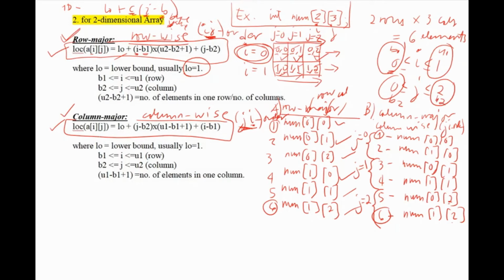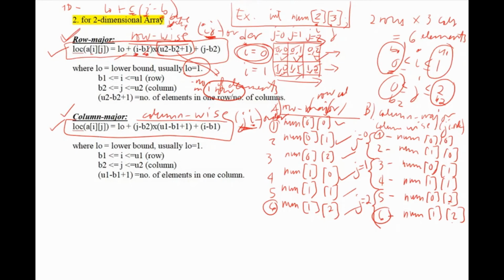So this one is 0, this part here, times what is this value? This is simply the number of elements in one row because our primary reference is the row.